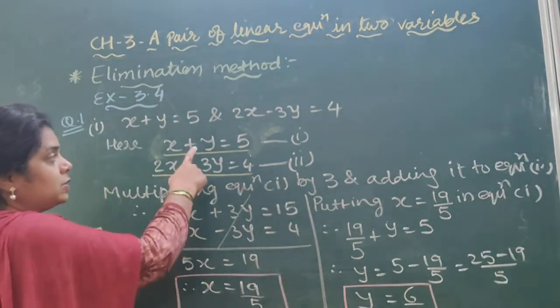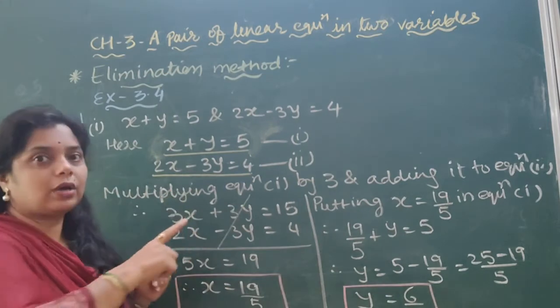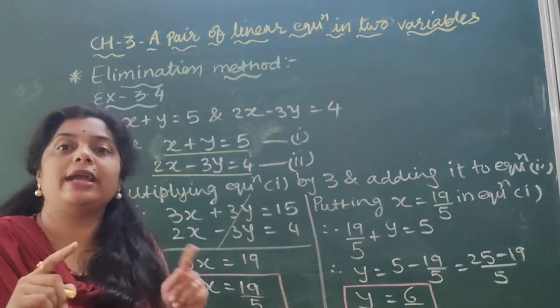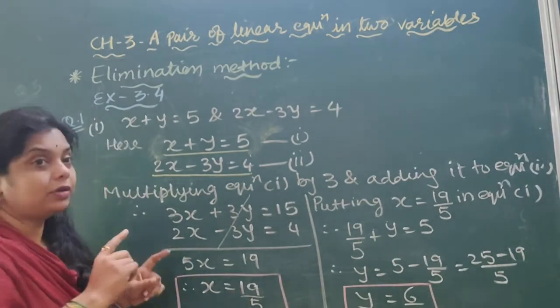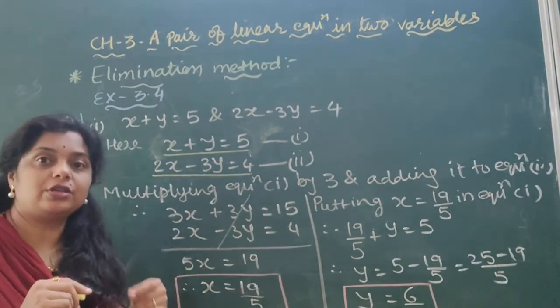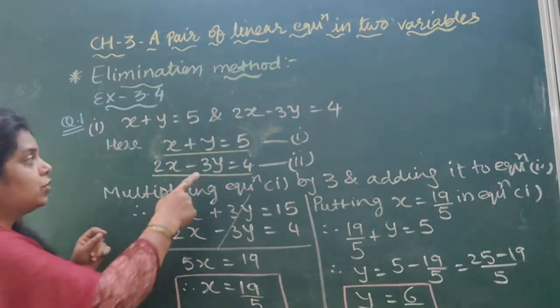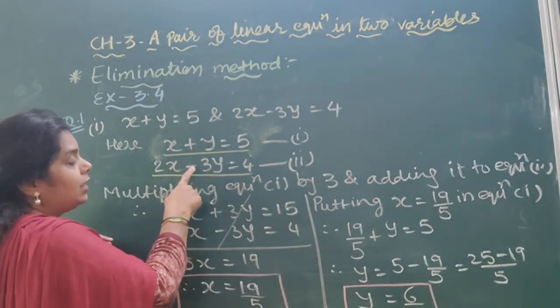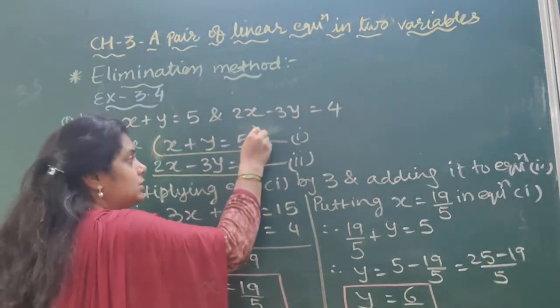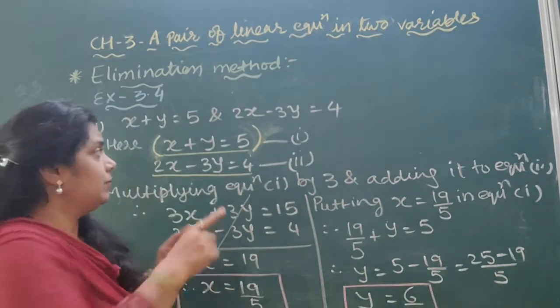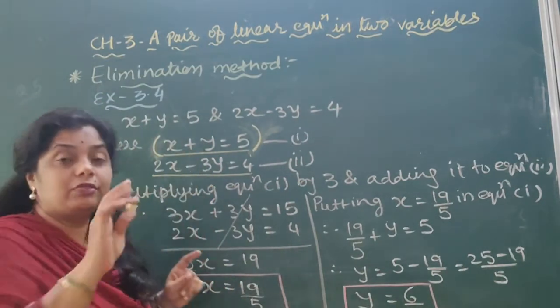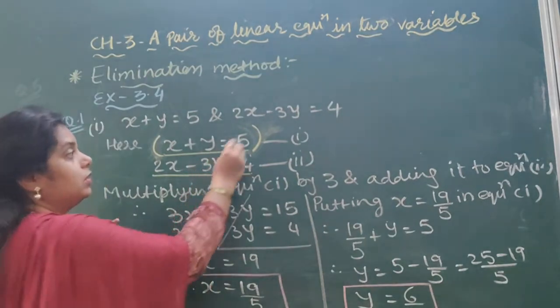Here it is plus and minus, so I have the option to do addition between both equations. I prefer addition instead of subtraction. So here I would like to multiply this whole equation with 3.